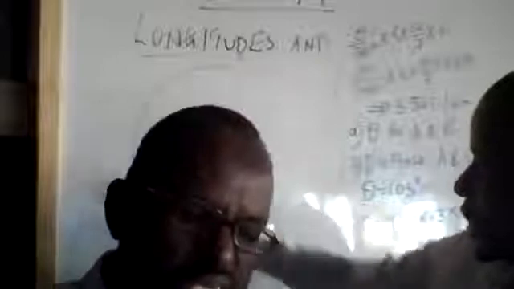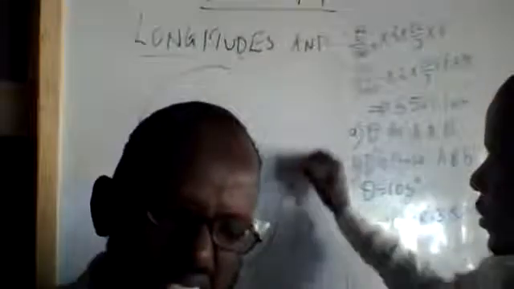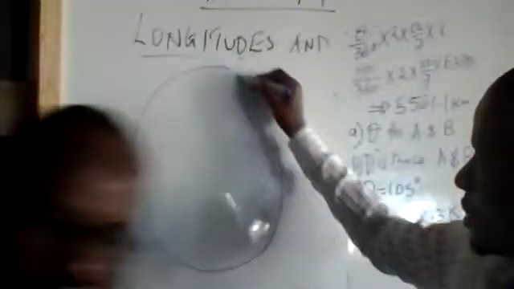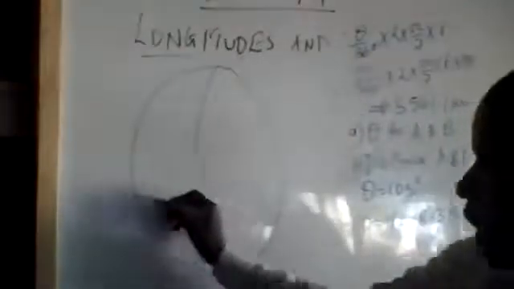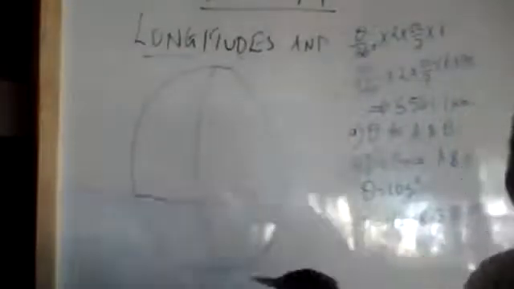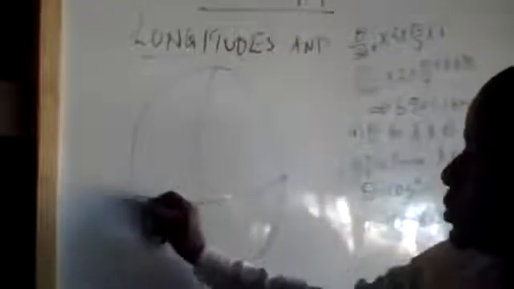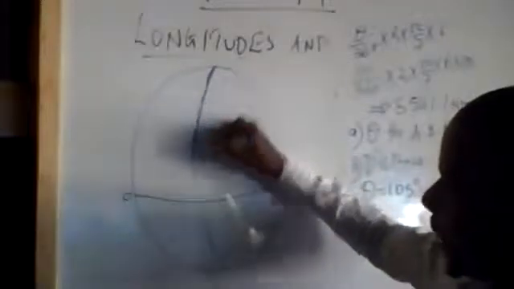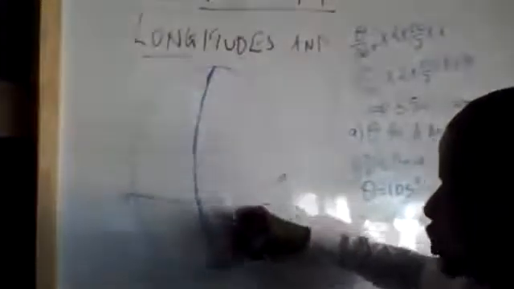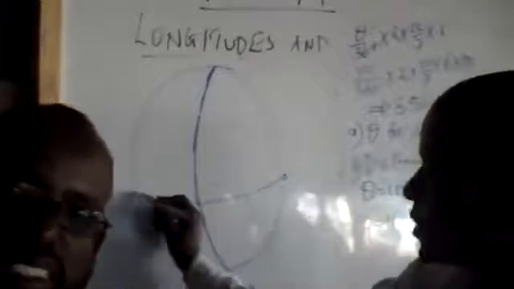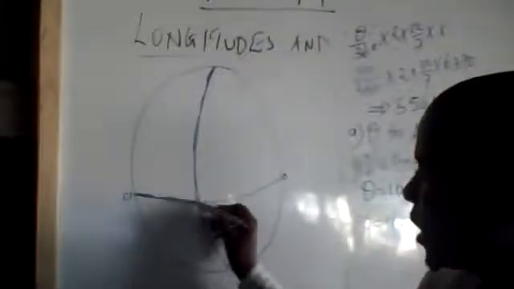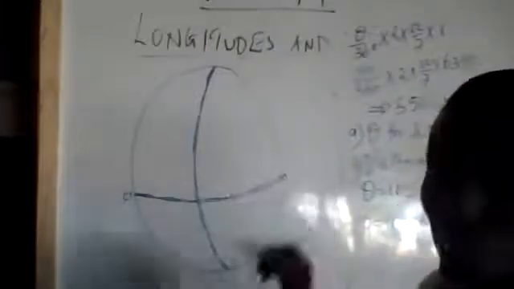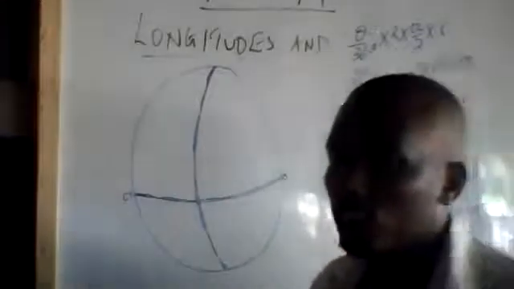Now, I want to draw like this. I have this particular graph. I've drawn a new one. Let me call this particular line 0 degrees, that is the equator. Then we have the prime meridian. First of all, before you start anything, you must draw these two lines. The first line must be the equator, and the second one must be the prime meridian. That is where you start from.